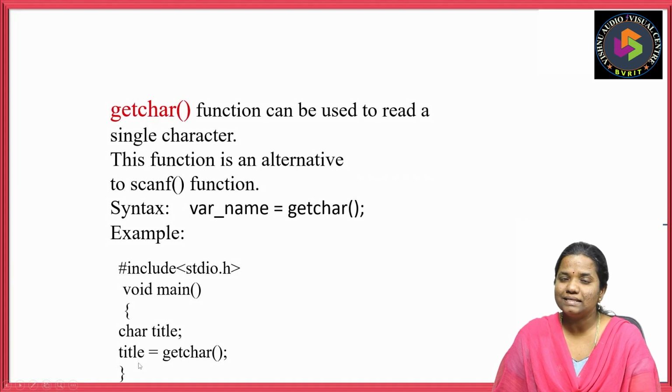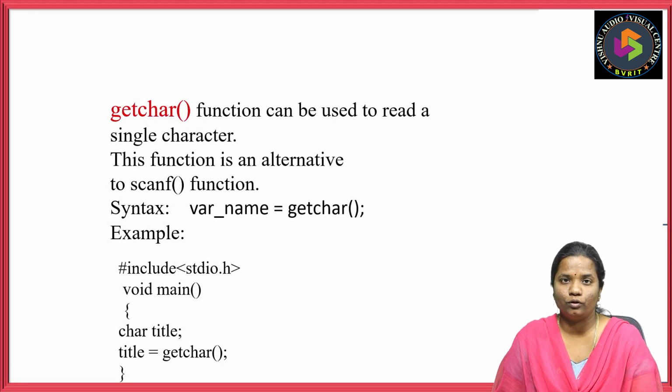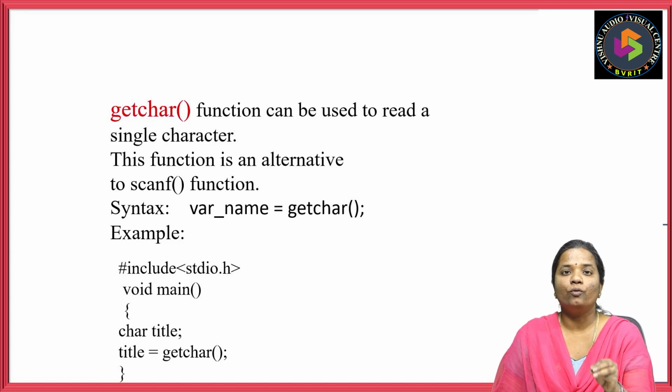So here I am assigning the getchar function to my variable name, that is title. Once you assign getchar to title, whatever character we read from the input device is placed in the title variable. So now the title variable is going to hold the character which we read from the keyboard.